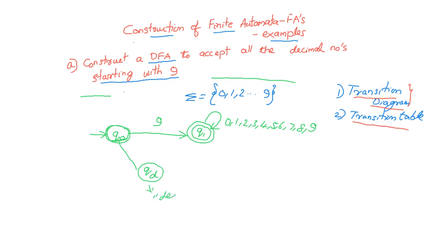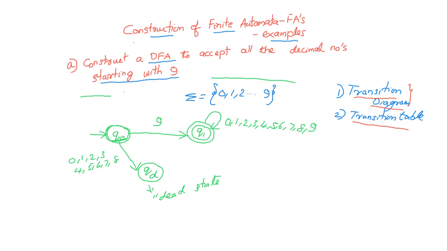If the initial input is 0, 1, 2, 3, 4, 5, 6, 7, or 8, then your machine will make its transition to the dead state called QD, and hence you will never reach the final state.